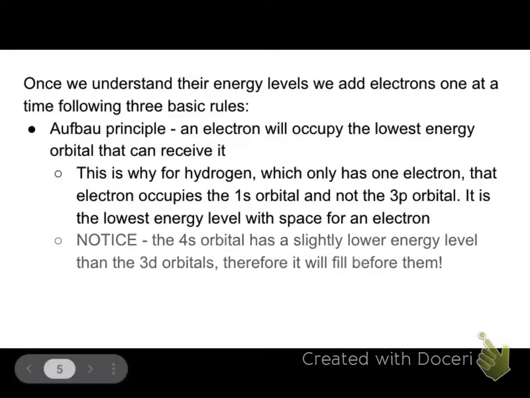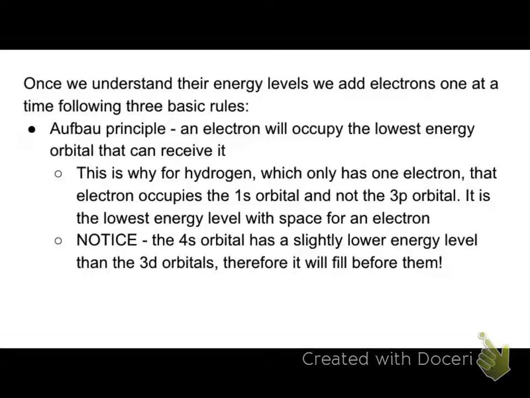This is where it becomes important to remember that little thing we noticed about the 4s orbital being slightly lower in energy than the 3d orbitals. It's a no-brainer that the 1s orbital would fill before the 3p orbital, because the 3p orbital is several energy shells above the 1s orbital, so it makes sense to us that it is lower energy.